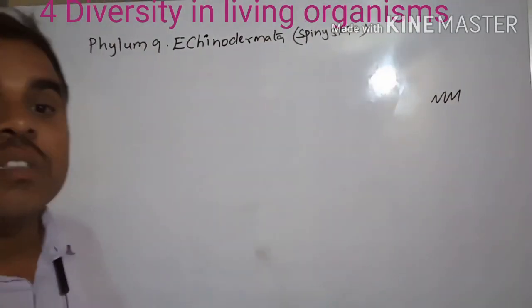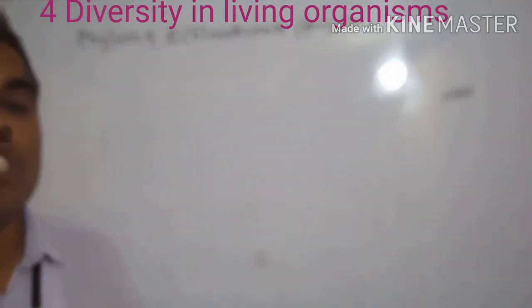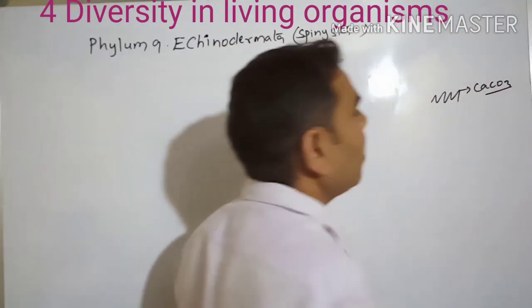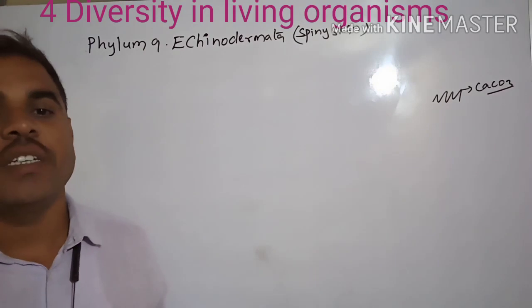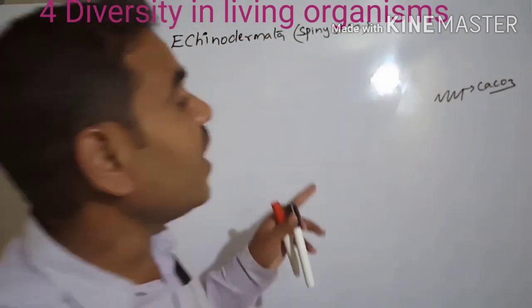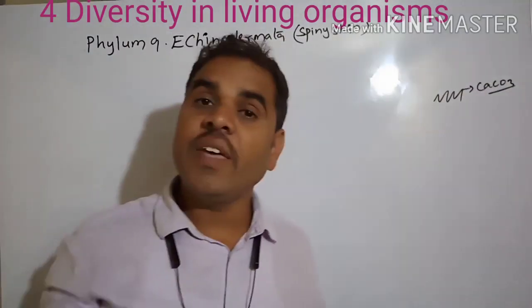This skin is made from calcareous ossicles. Calcareous ossicles means they are made of calcium carbonate, so it is an endoskeleton. These spines are present on their body.